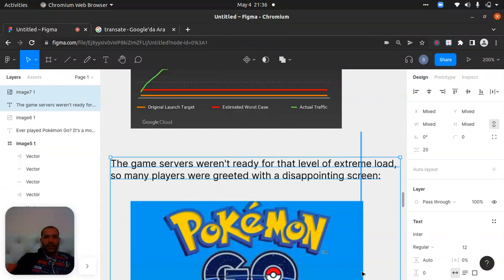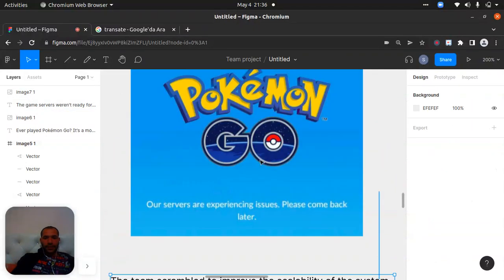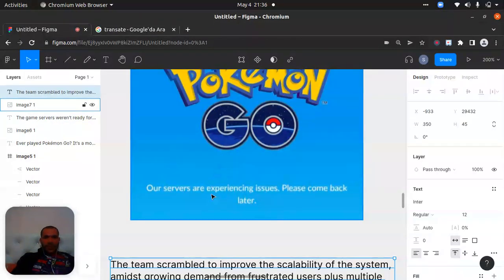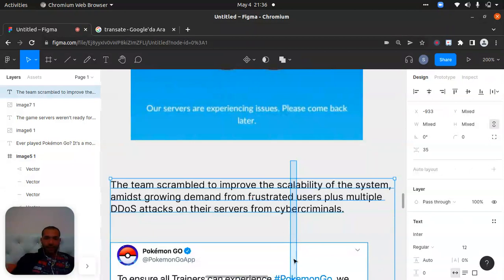So many players were greeted with a disappointing screen. What is it saying? Our servers are experiencing issues. Please come back later, because the system collapsed.